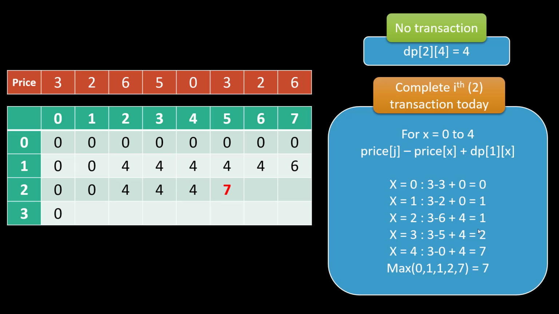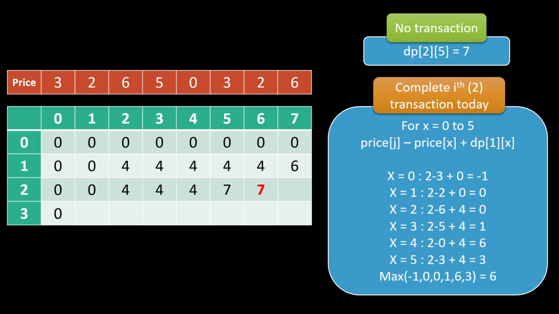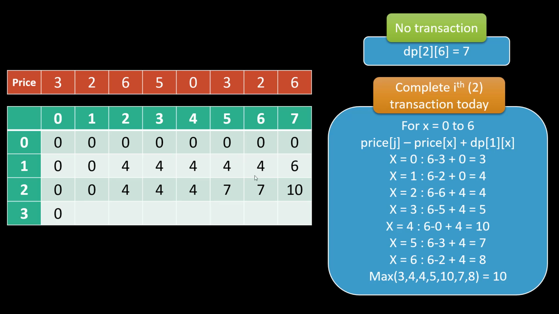And the maximum of all of this becomes 7. So this gets updated. Similarly, going ahead, you get 7 for the 6th day, and for the 7th day, you get a profit of 10, because you are going to consider the profit from this transaction and the profit from this transaction. So these are the 2 transactions that are considered in this case.